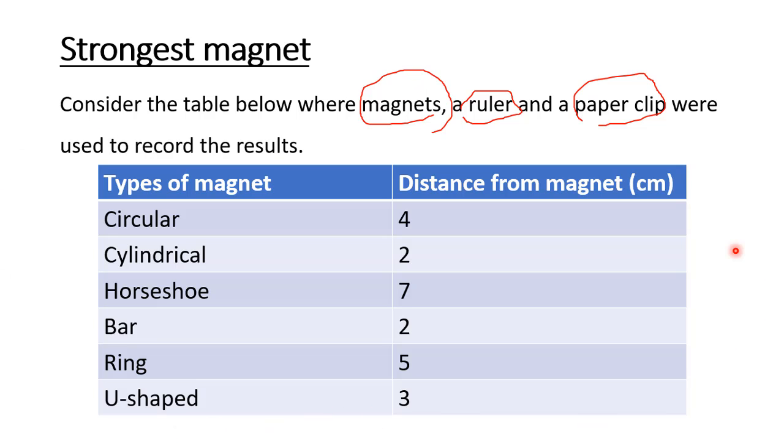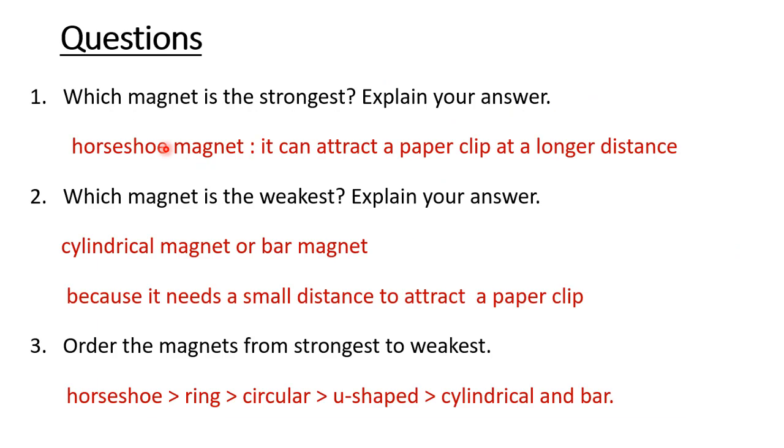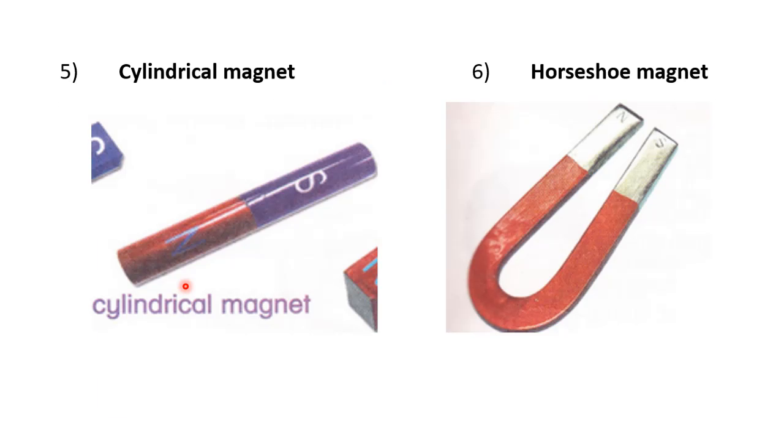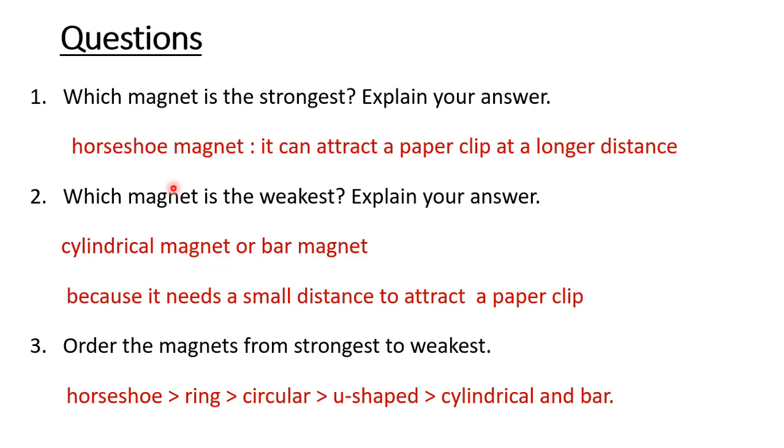Using this table, which magnet is the strongest and which magnet is the weakest? Here there are questions, and the first question says, which magnet is the strongest, and explain your answer. I have already answered the questions. The answer says the strongest magnet is the horseshoe magnet.